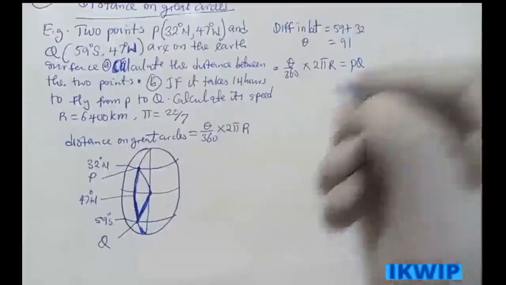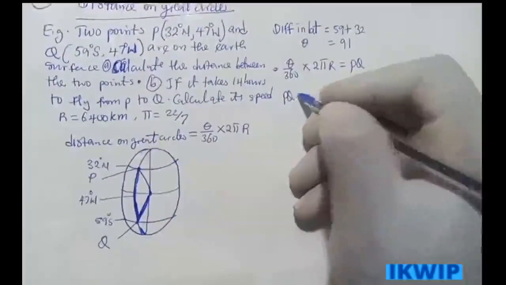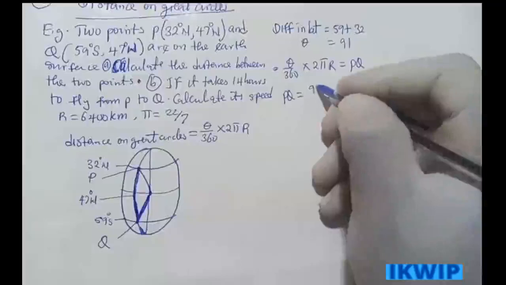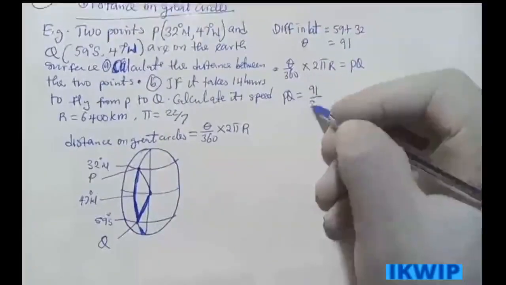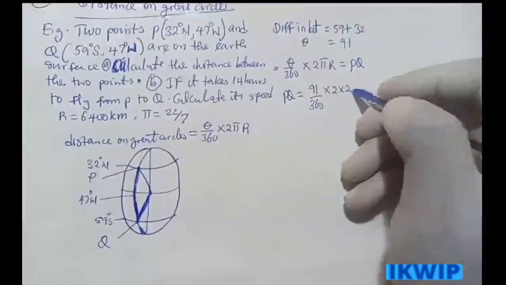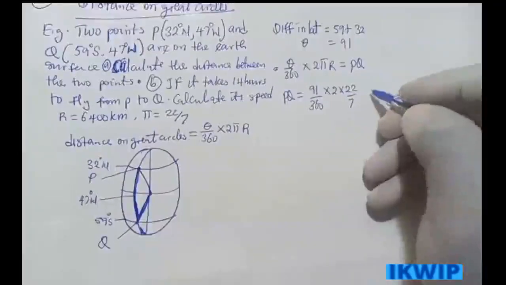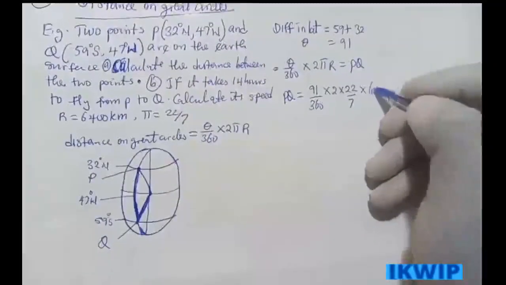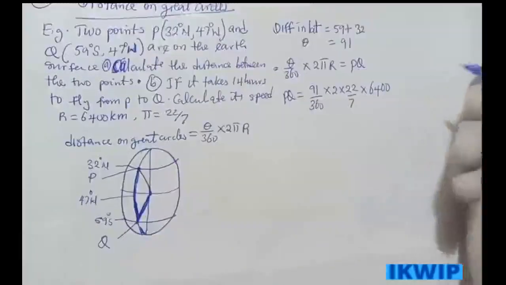Now PQ equals 91 over 360 times 2 times 22 over 7 times 6400.